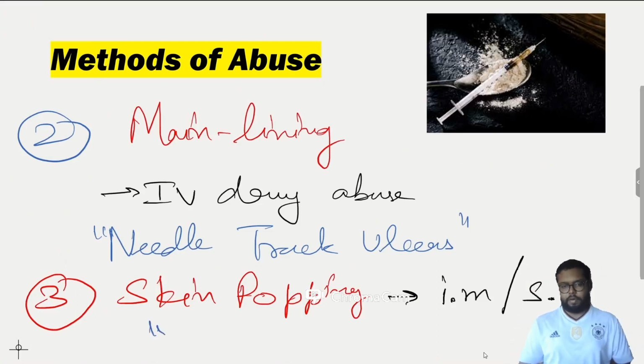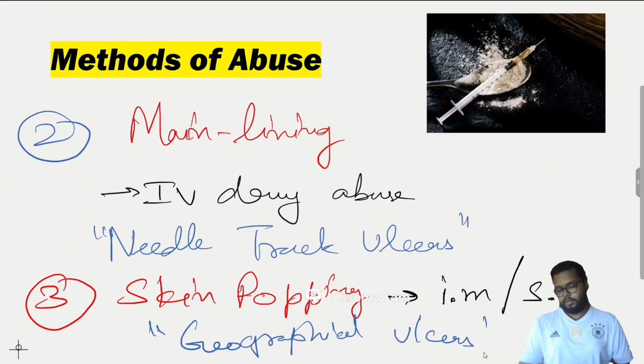Because of this skin popping, you may get geographical ulcers over the body. And usually whenever there are injection marks, there will be hyperpigmentation of the area. To conceal that, usually these addicts will make a tattoo over it, to conceal those injection marks.